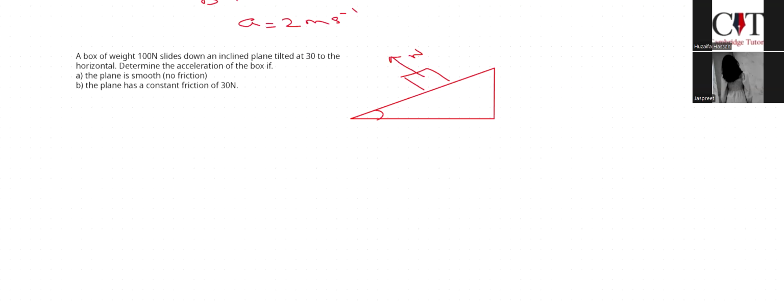Have you drawn it? Yes, sir. Then now compare it to mine and tell me if it is correct or not. The friction force is equal to 30.